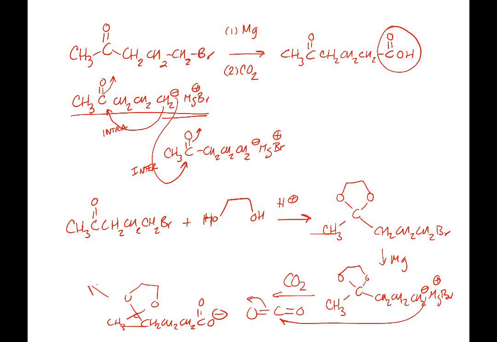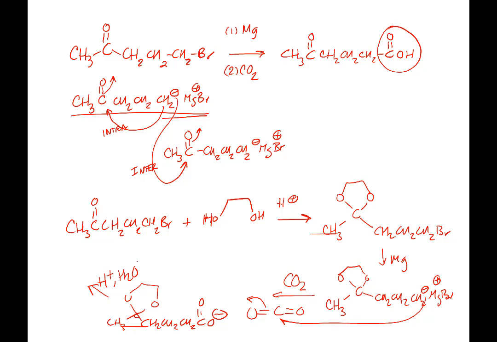So now, when I do the final step in the Grignard, which is always H plus H2O, what's going to happen? I'm going to protonate my carboxylate to make the carboxylic acid, and what else is going to happen? The ketal in this case is going to be converted back to the ketone.